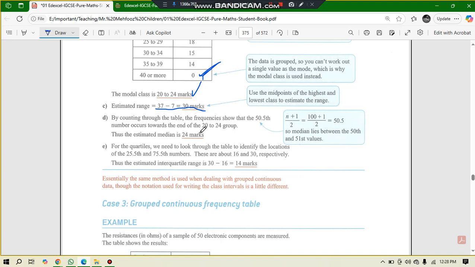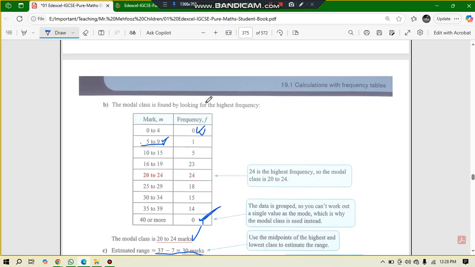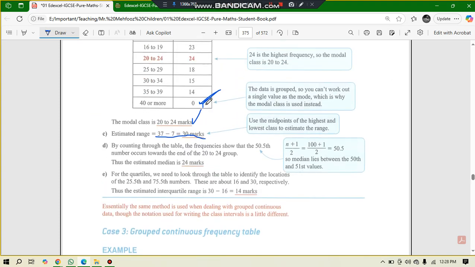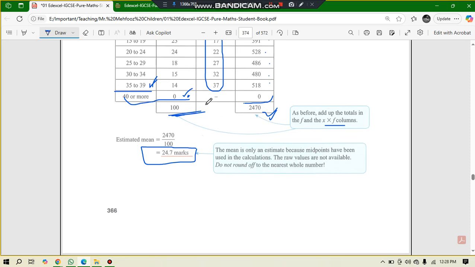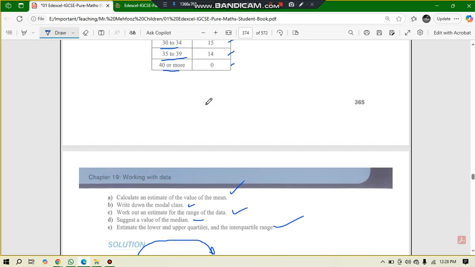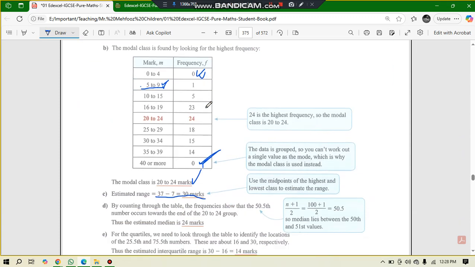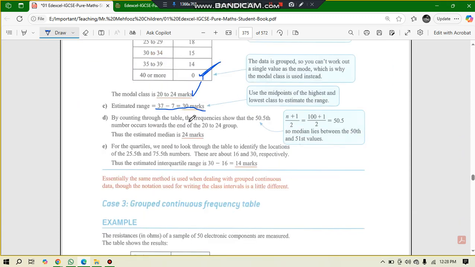Okay, next is part D. Suggest a value for the median. Counting through the table, the frequencies show that the 50.5th number occurs towards the end of the 20 to 24 group. How?